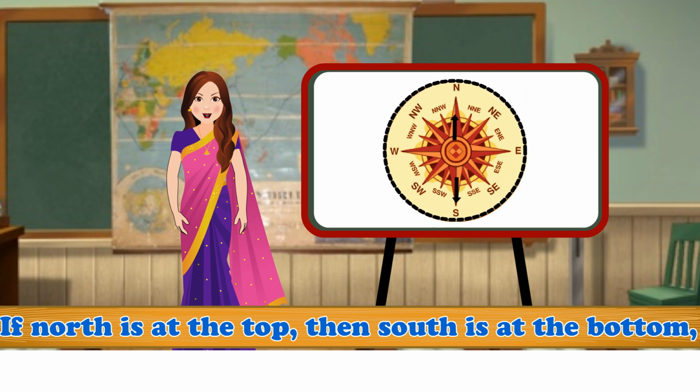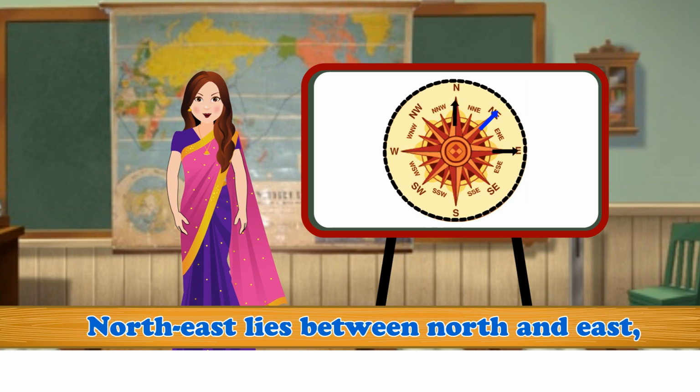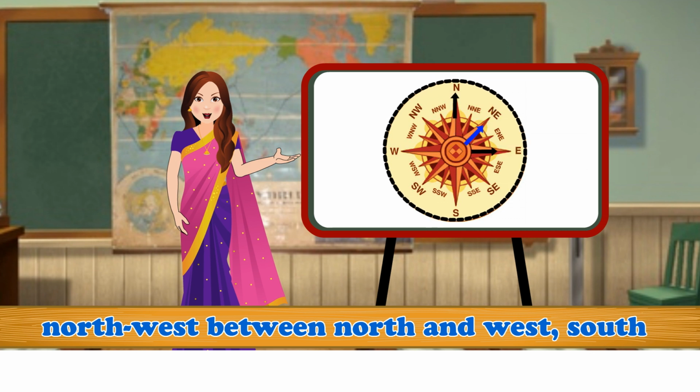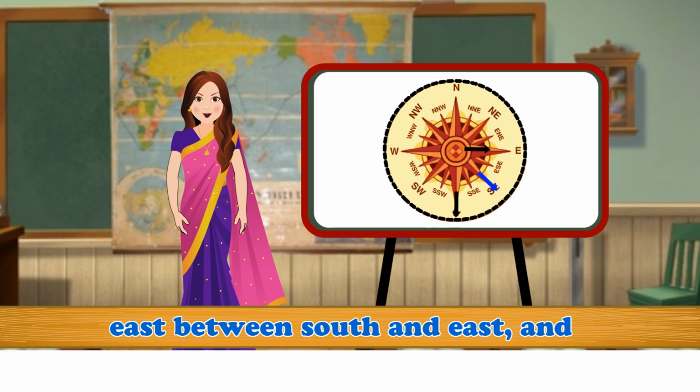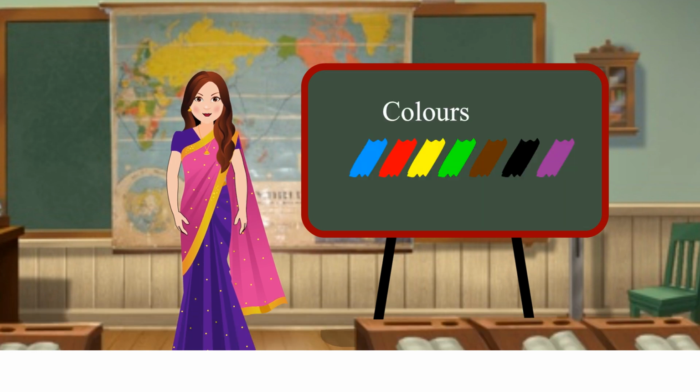If north is at the top, then south is at the bottom, east is to the right, and west is to the left. Northeast lies between north and east, northwest between north and west, southeast between south and east, and southwest between south and west.